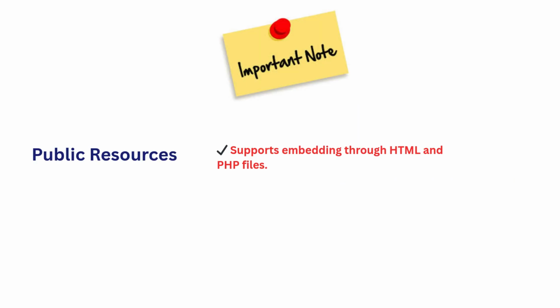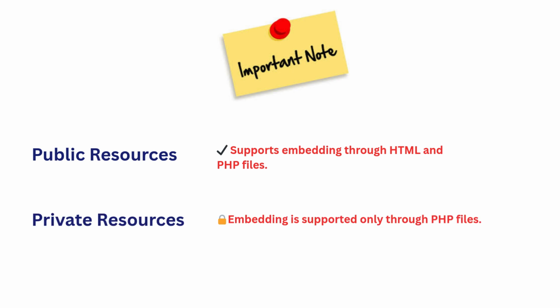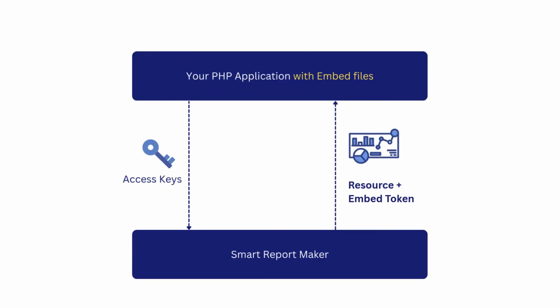For public Smart Report Maker resources, embedding is supported through both HTML and PHP files, so you can download either format. However, for private resources, embedding is available only through PHP files. Because private resources should only be visible to logged-in users, Smart Report Maker provides access to them through access keys.